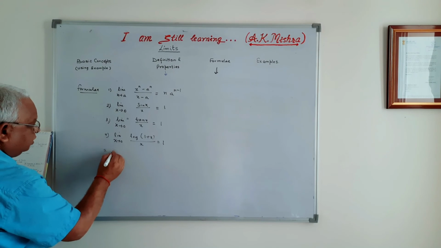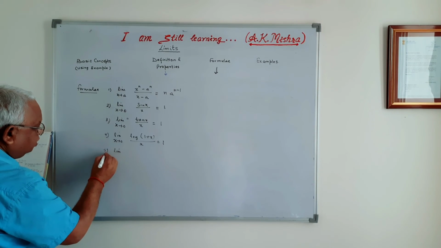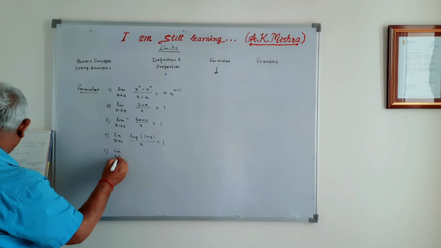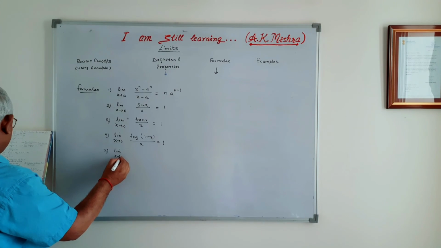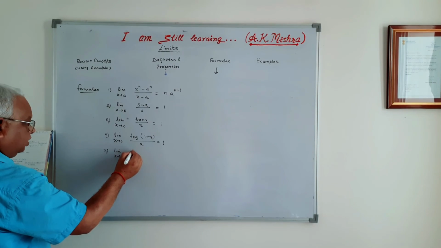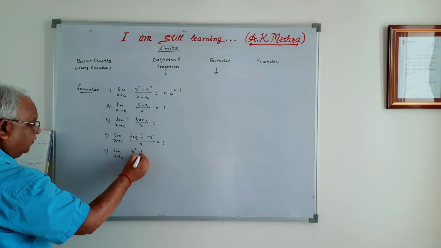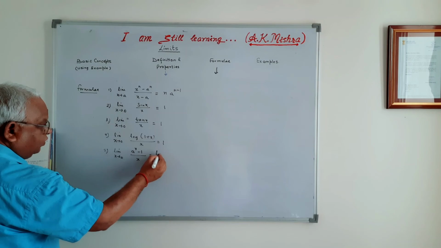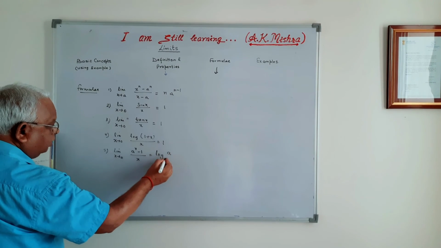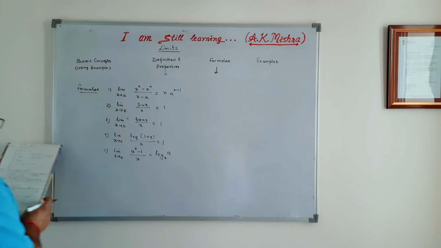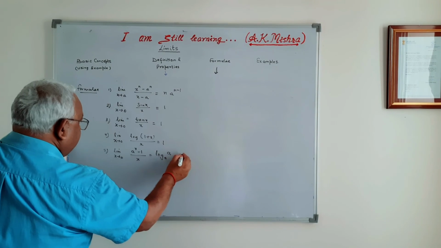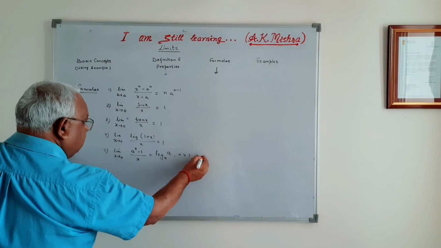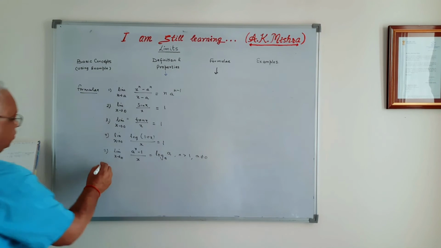Fifth, limit x tending to 0, (a^x minus 1) upon x is equal to log a to the base e, where a is greater than 0 and a is not equal to 1.